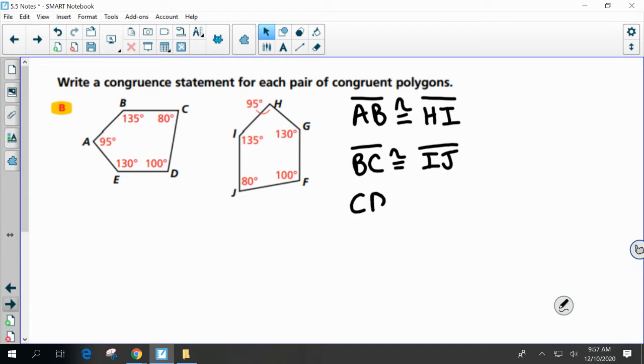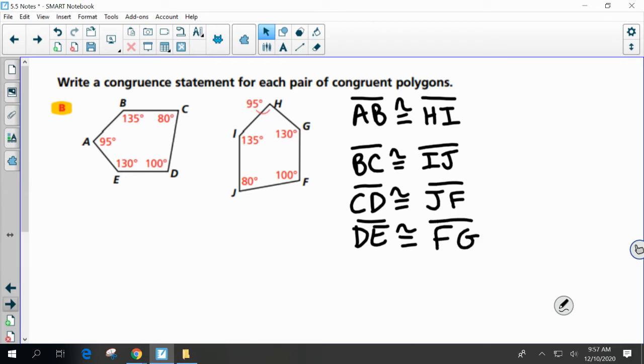And then CD is going from 80 degrees to 100 degrees. So that's JF. And then two more. DE is 100 to 130, so FG. And then the last one, EA.